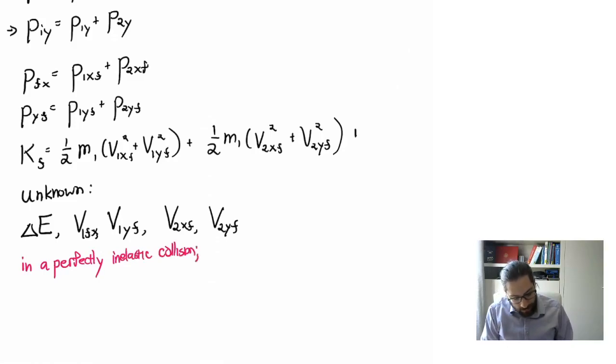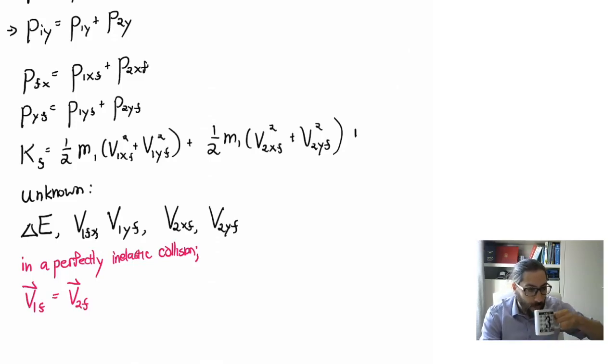But in a perfectly inelastic collision, essentially what you have is V1F equals V2F, okay? And because this is a vector quantity in 2 dimensions, you can treat it like two equations. So you can think about this as, or sorry, let me correct myself.